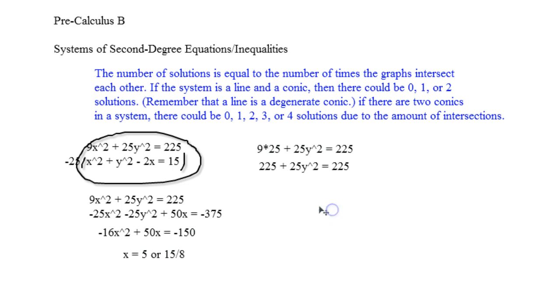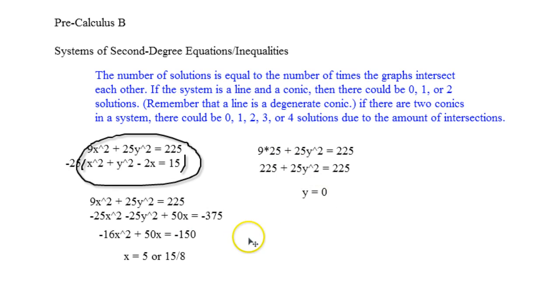And we all know that that's the death knell for y being equal to 0. So one of our solutions: when x is 5, y will be 0. So voila, I have my answer.